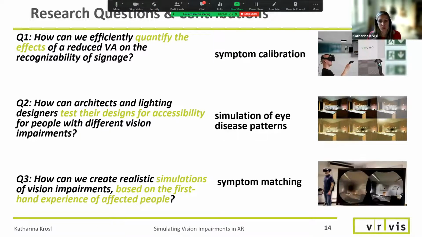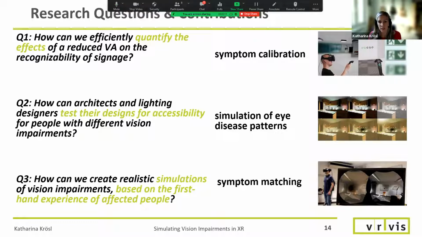And in order to do that, we developed a symptom matching methodology that allows us to adjust our simulation together with participants with impaired vision and match the impaired vision of an affected person.